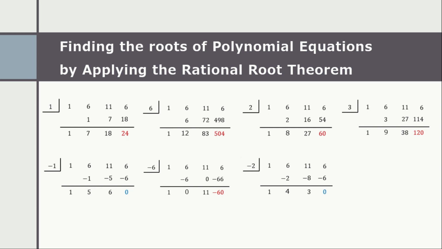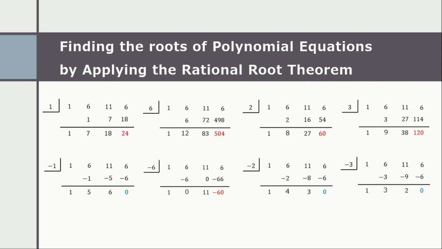Then the last one is negative 3. Again, following the steps in the synthetic division, we write 1, 6, 11, and 6. Then we need to bring down 1. Then 1 multiplied to negative 3 will give us negative 3. Then 6 plus negative 3 is equal to 3.